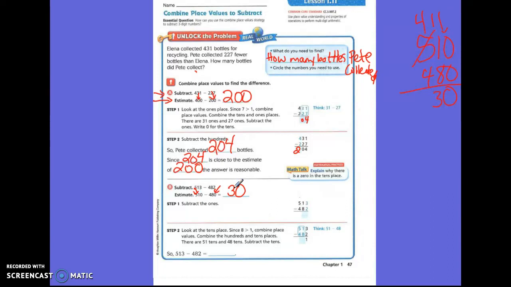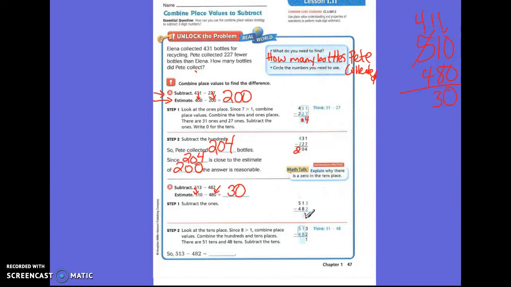Now, boys and girls, can I subtract 3 minus 2 easily? I don't have to regroup it, do I? No. So let's just do 3 minus 2, which is 1. Okay. Now, when you do the tens place, 1 minus 8, can you do that easily? No, you have to regroup.